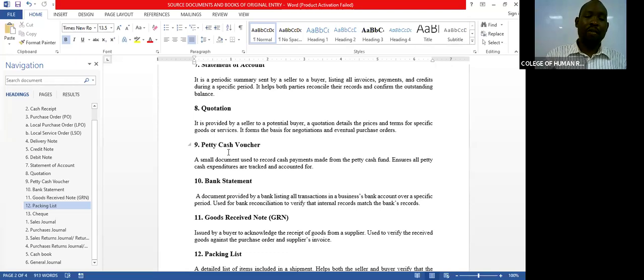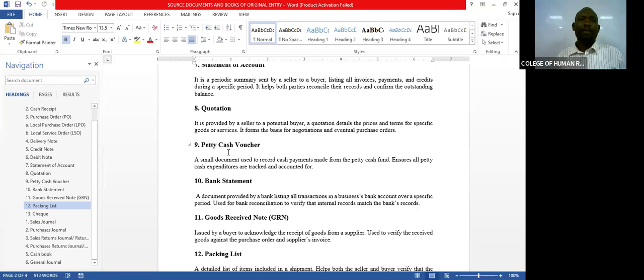Then another document is the goods received note, which is simply a document that the buyer normally prepares to acknowledge that the goods have been received from the supplier.